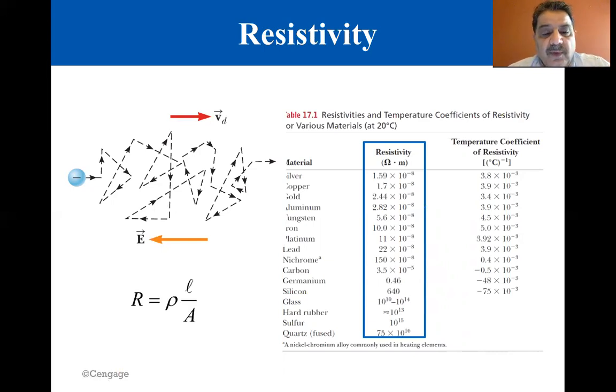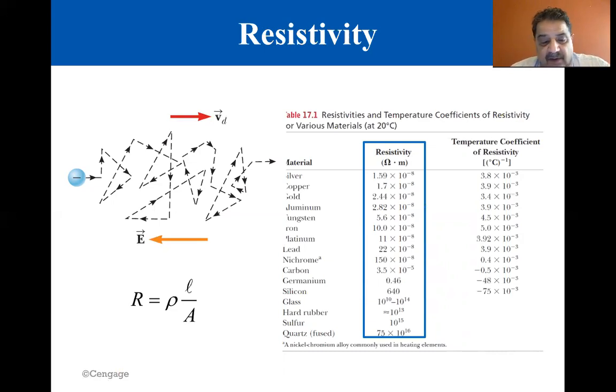Resistance is equal to rho L over A, where the constant of proportionality rho is called the resistivity of the material. Every material has a characteristic resistivity that depends on its electronic structure and on temperature. As you can see in the table, good electric conductors have very low resistivities, and good insulators have very high resistivities. Because resistance values are in ohms, resistivity values must be in ohm meters.